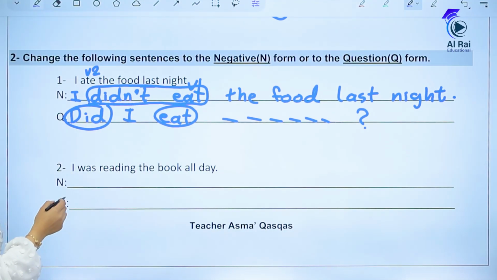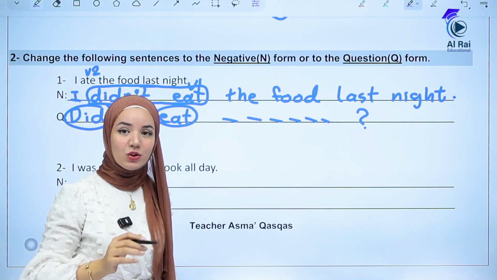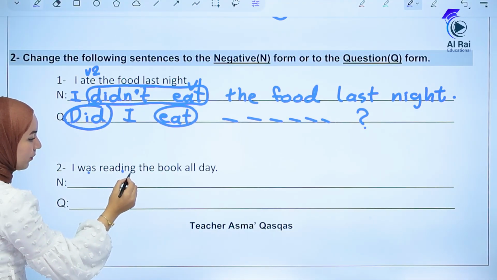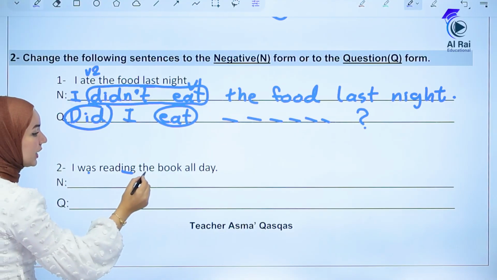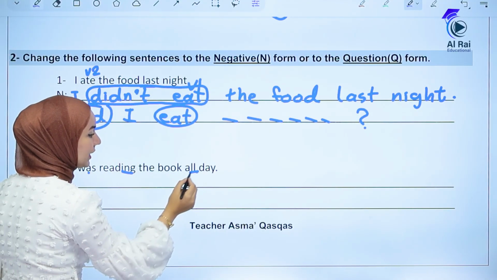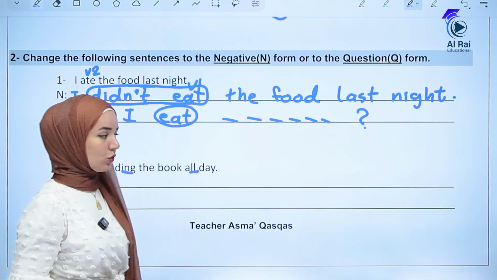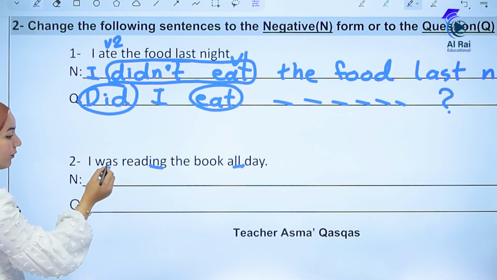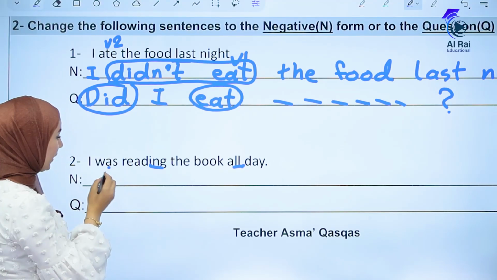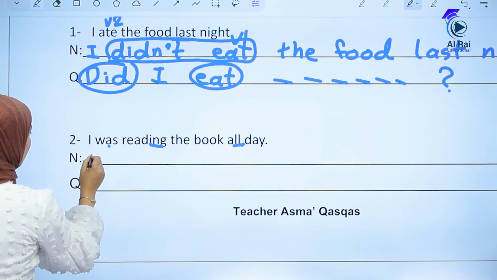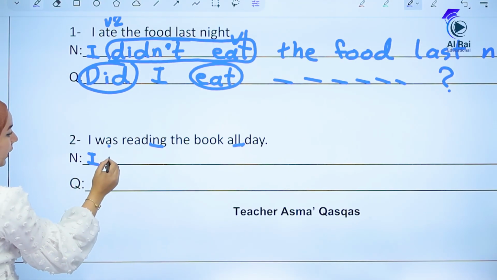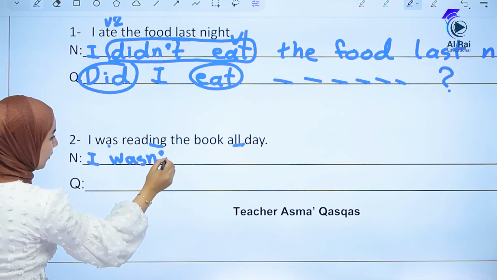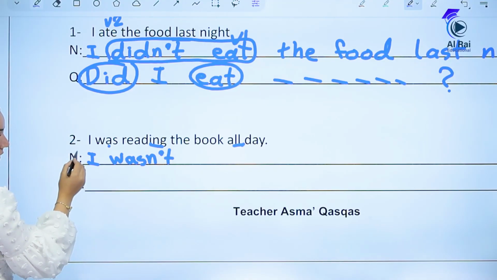This question, it's talking about past continuous. Why? Because I have was and verb ing. I was reading the book all day. All, it is a keyword for past continuous. How can I negate it? It's too easy because I have already the helping verb here. I was, it's going to be wasn't because of the negative form.